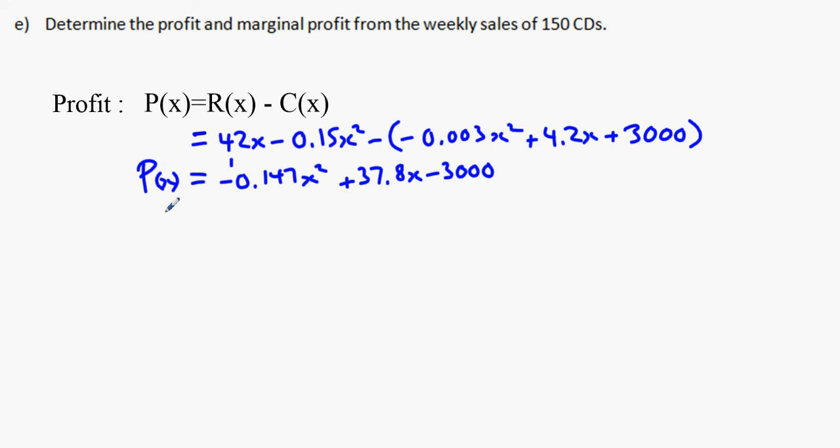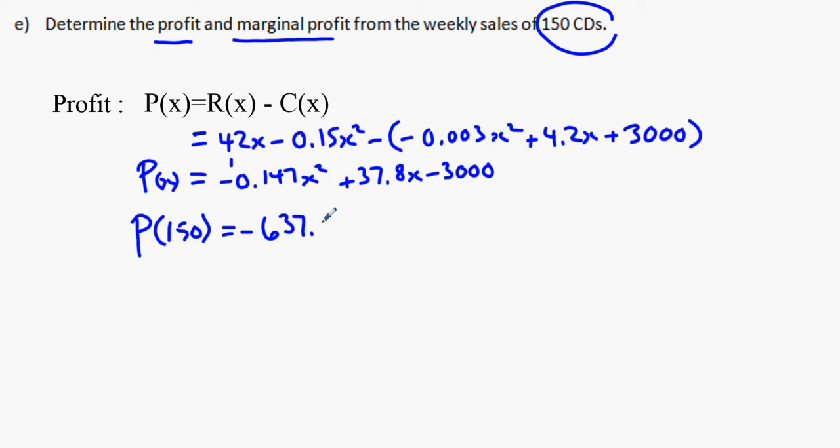And it wants the profit and the marginal profit for 150. So the first one I'm going to find is P of 150. I'm just going to plug in 150 in all my x values here, and I get negative 637.50.